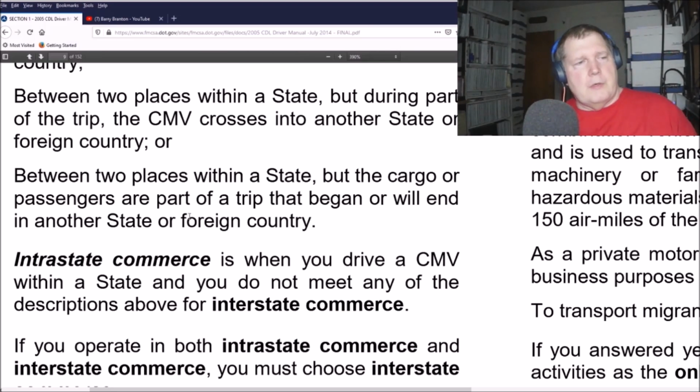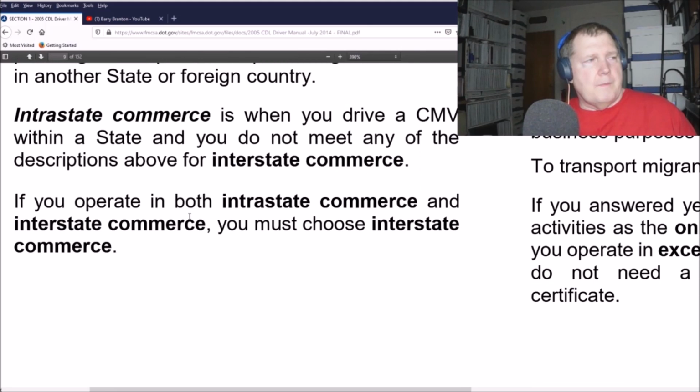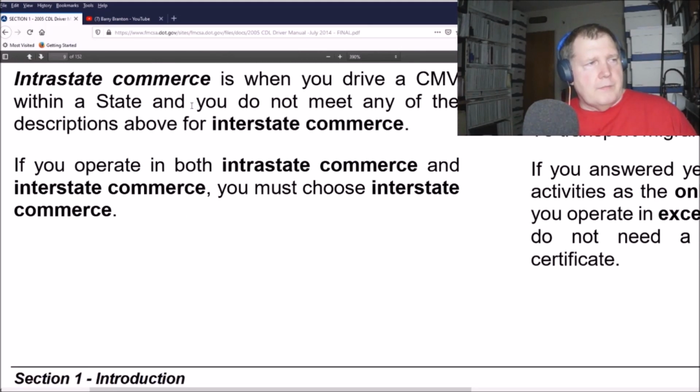Intrastate commerce is when you drive a CMV within a state and you do not meet any of the descriptions above for interstate commerce. If you operate both intrastate commerce and interstate commerce, you must choose interstate commerce.